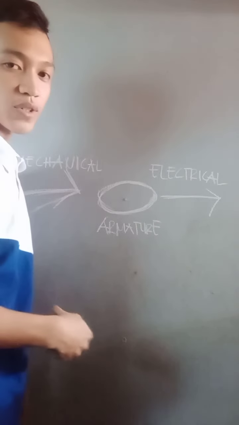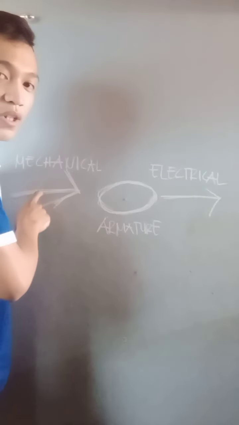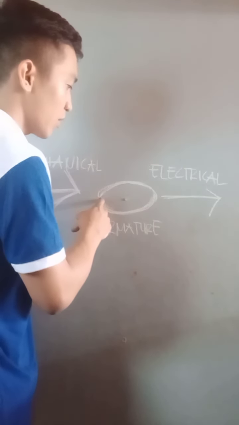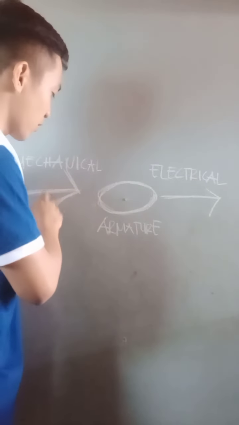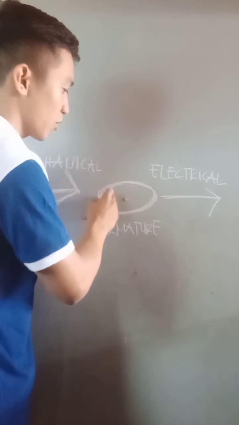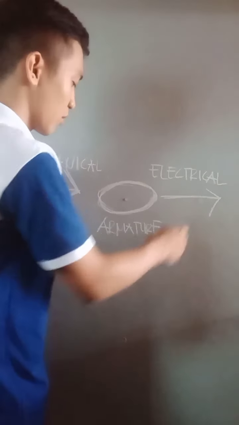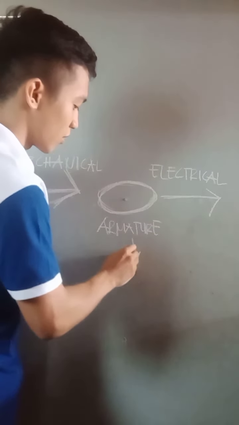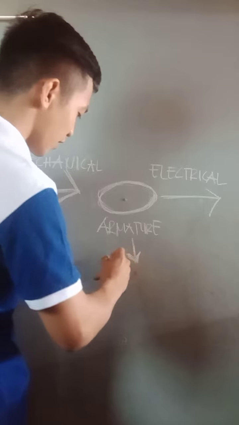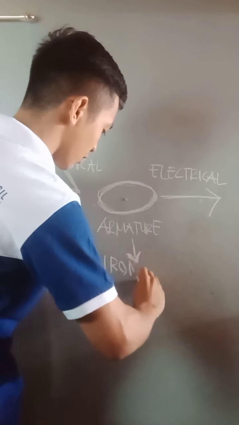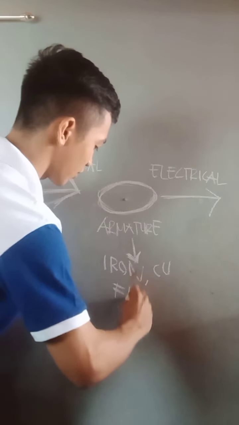And during the process, we cannot say that 100% of the mechanical power input will be converted as the same as the input. For example, you have 100% mechanical power input. We cannot assure that the output will also be 100% electrical power, because during the process you will have some losses of power, and that's what we call the iron, copper, and friction losses.